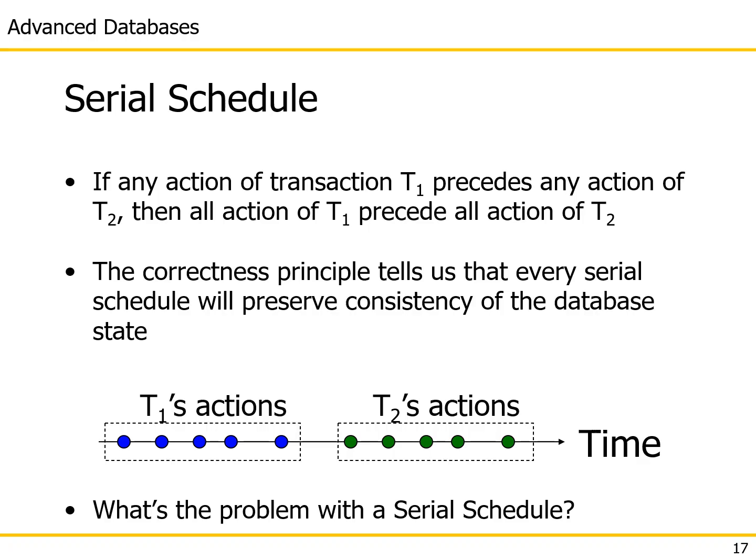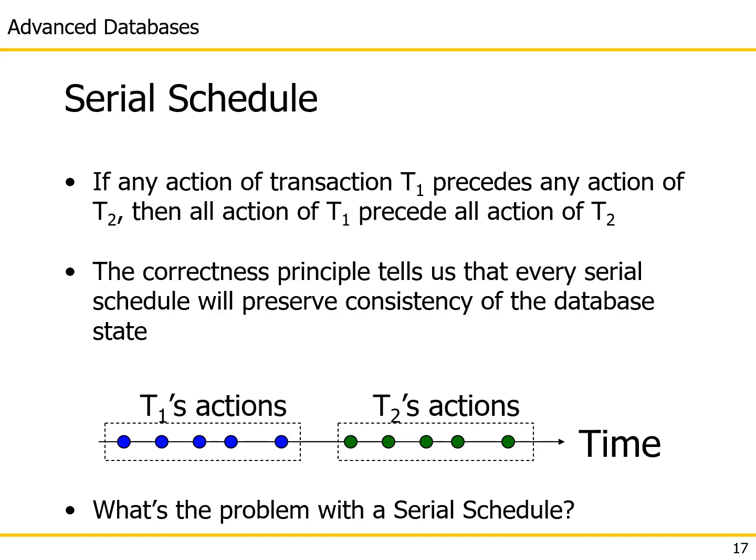So while serial schedules are our gold standard, it's not a good idea to run things serially, but we will look to the effect of serial schedules as a guideline to know if what we're doing is correct or not. So it is important from another perspective. It's not that we are going to run things serially, but we will look to the output of any one of the serial schedules as something we need to be sure that we're arriving at.